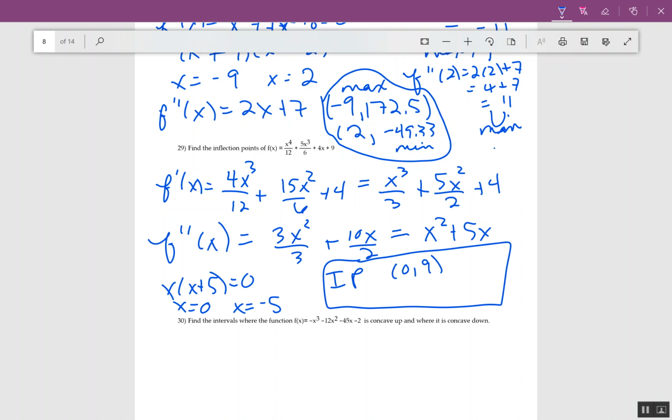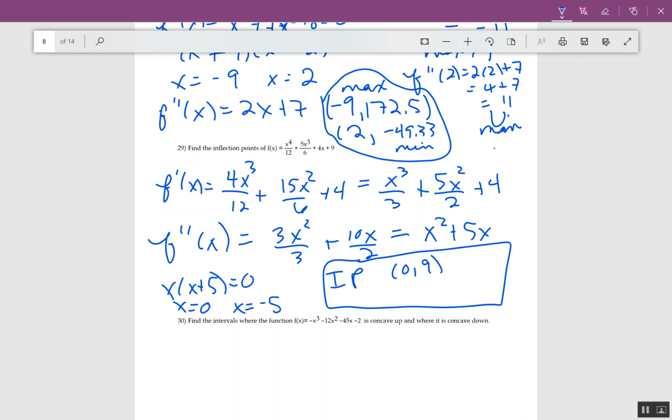So again, I'm going to the y, and I'm telling it x to the 4th plus 5x cubed divided by 6 plus 4x plus 9. And then over at my table, I put in negative 5 to see what I get.